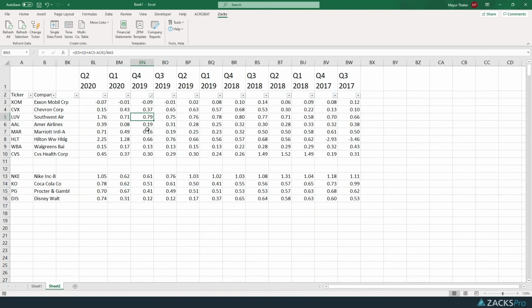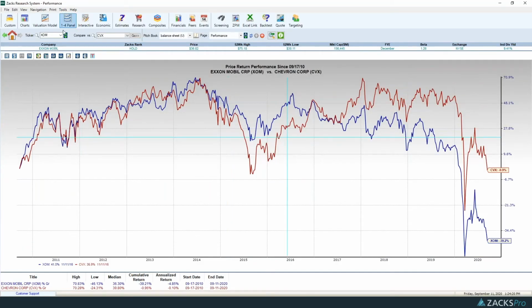Whereas Southwest was much better at 0.79 or 79%. So this means that 79% of their total short-term financial obligations was available in cash and free cash flow after dividends.